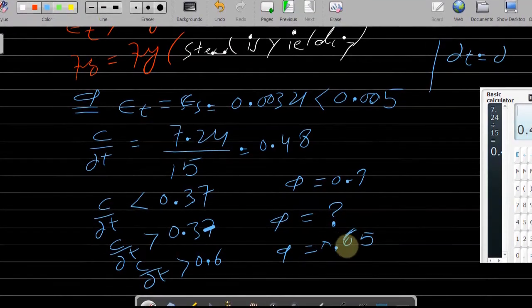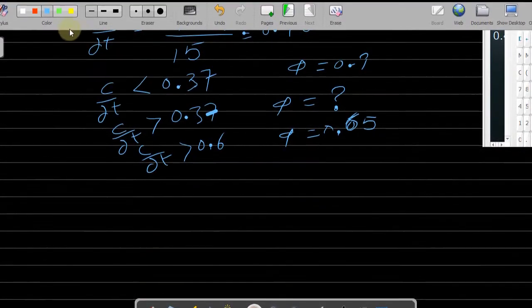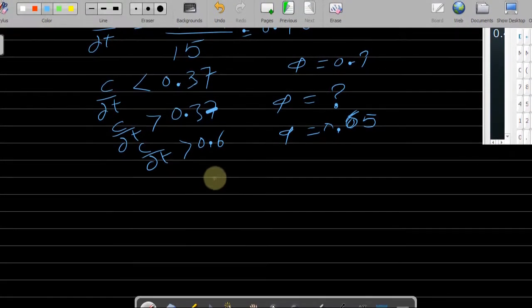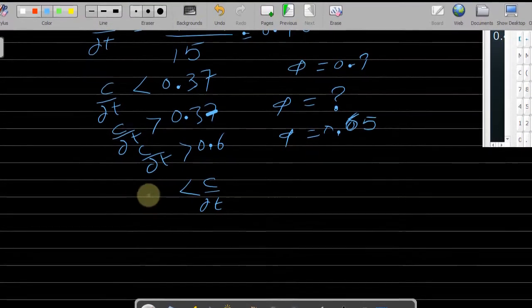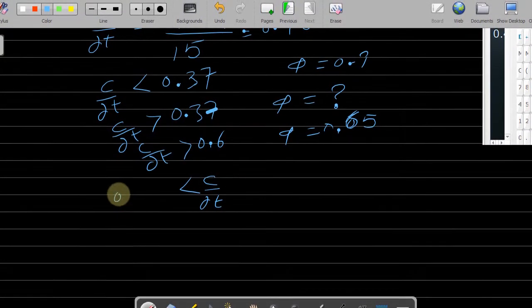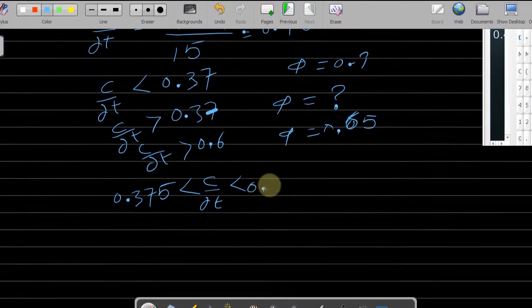But here we can clearly see that the value of c over dt is greater than 0.375 but less than 0.6.